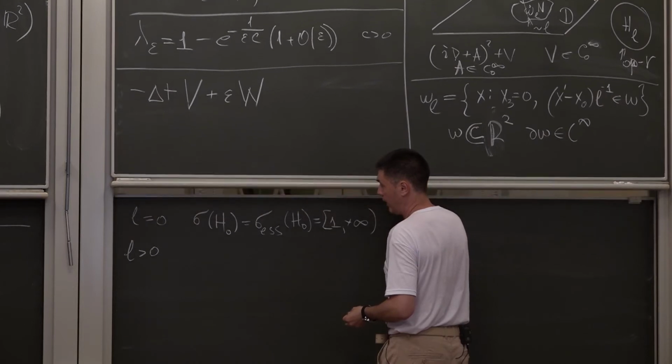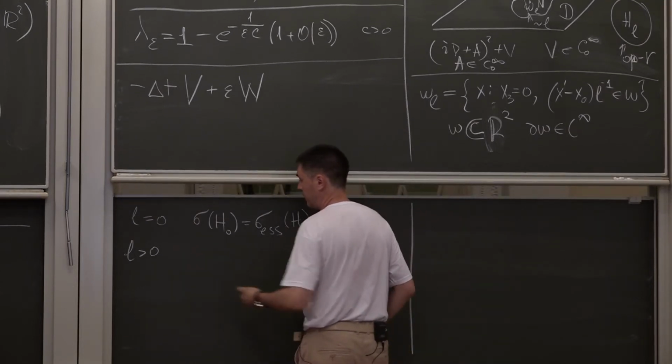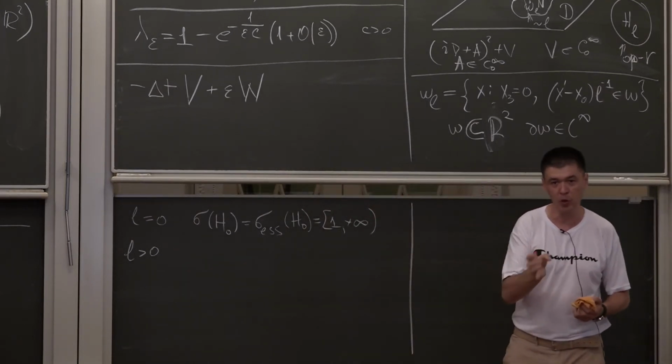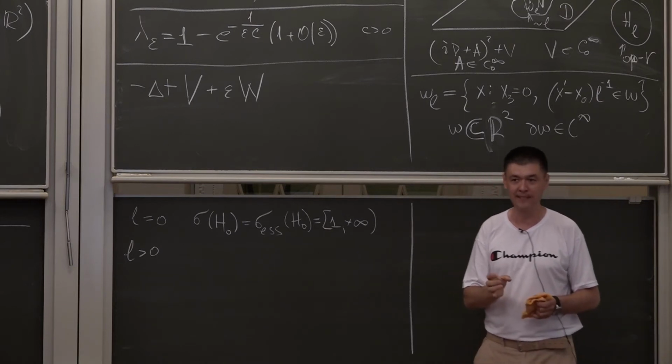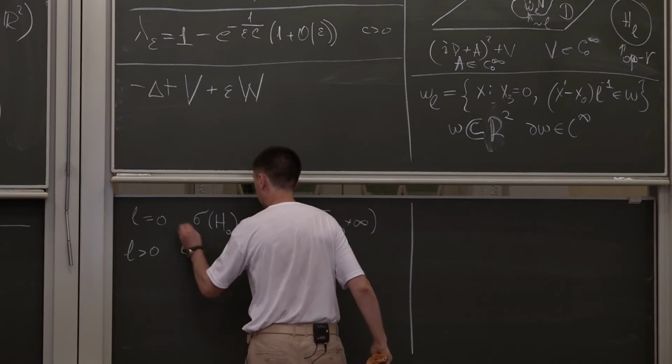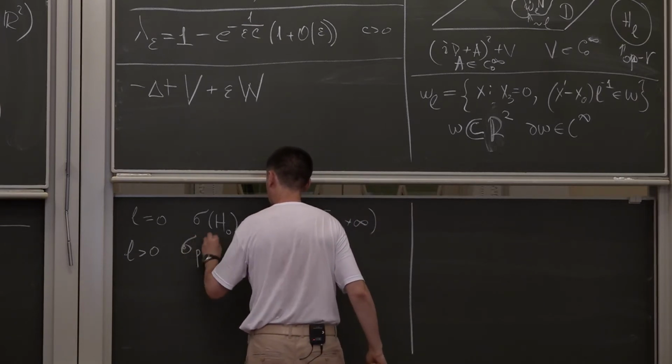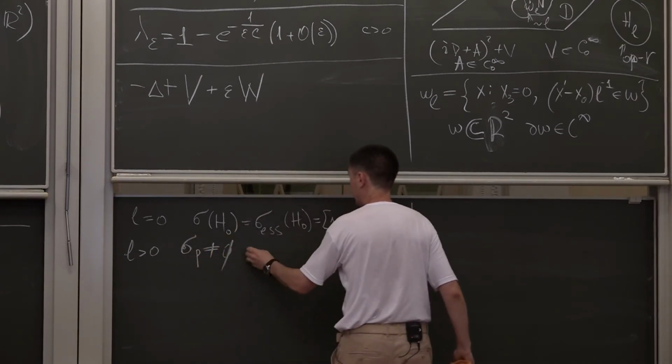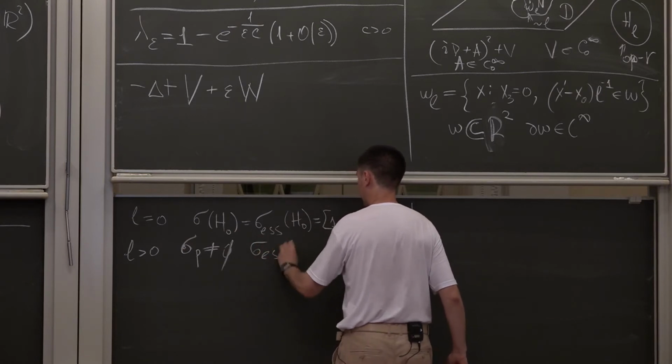So once L is positive, it means that as soon as we have some Neumann window, doesn't matter whether it's big or small, then immediately the point spectrum is non-empty, and the essential spectrum is the same.